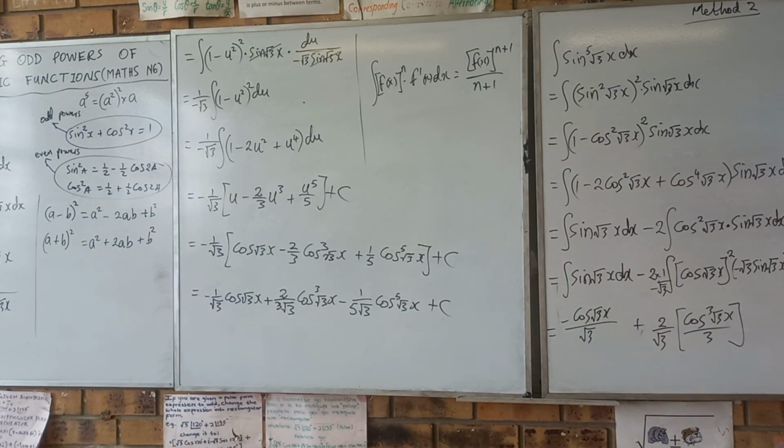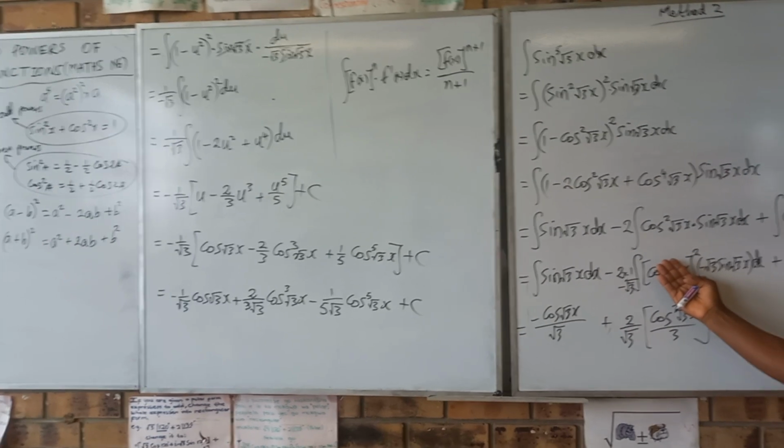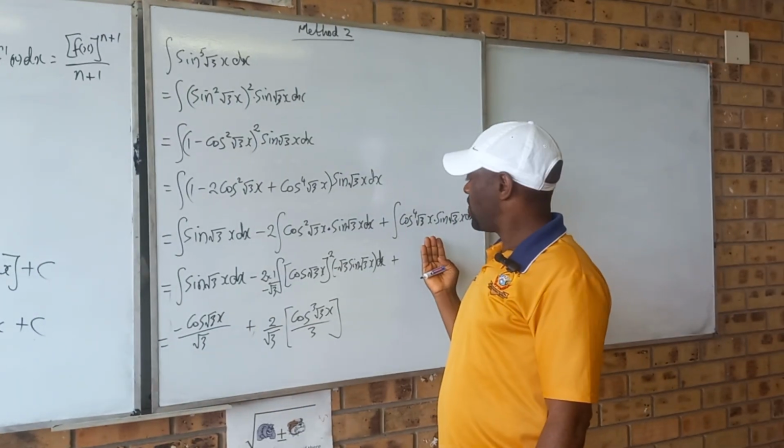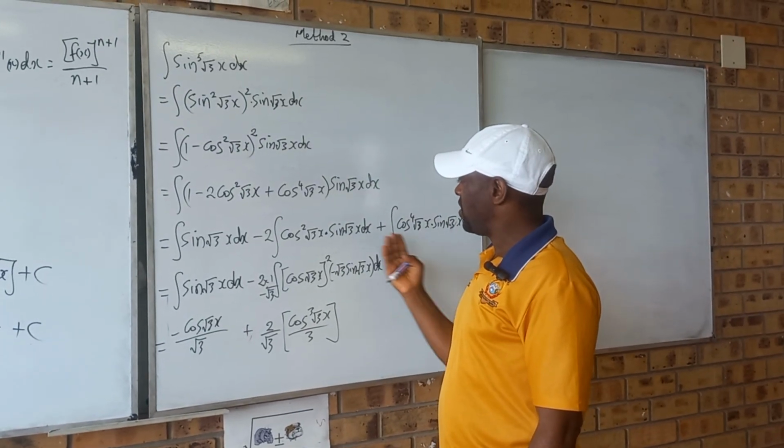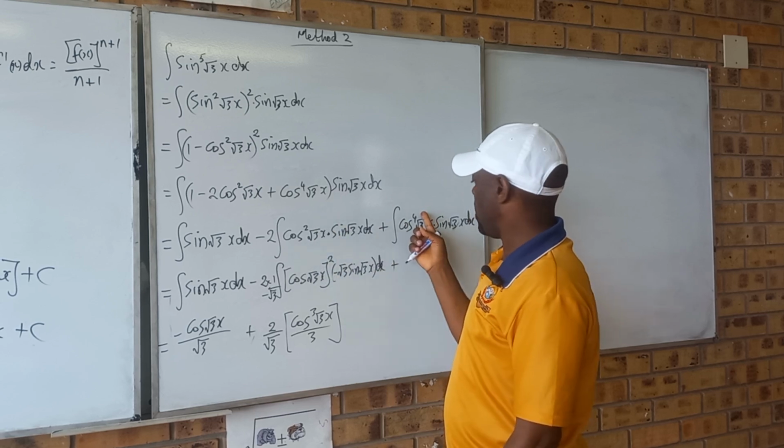Now, if I go to the last one, usually with the last one, I don't bother myself much because I just compare what is here to what is there. If you look at these two, you see the difference is just a 2 and a 4. So the adjustment I did this side, I will just do the same adjustment this side, because the difference is just the 2 there and the 4.